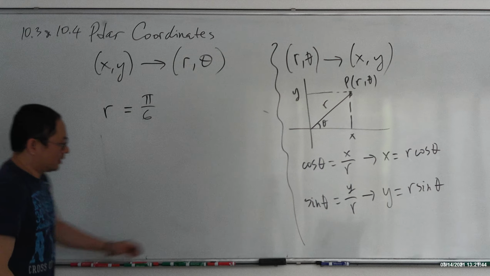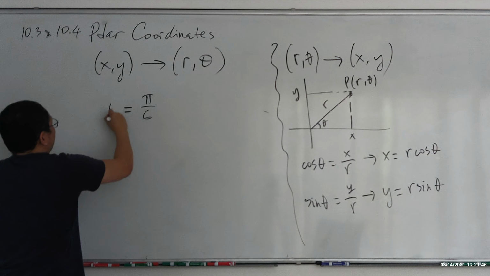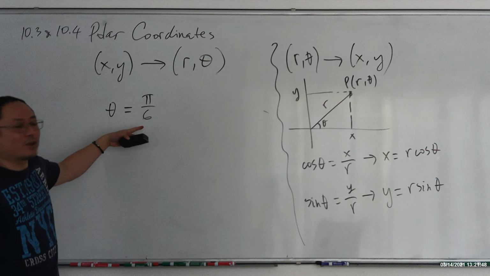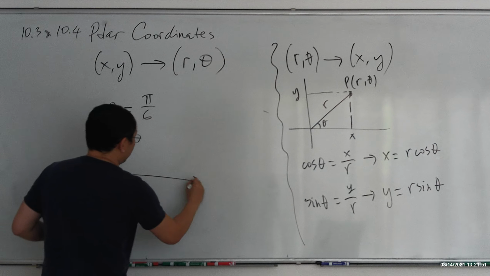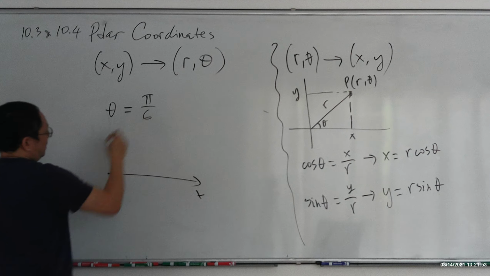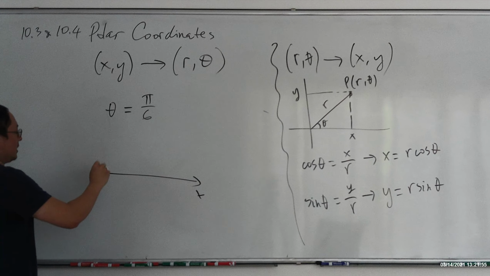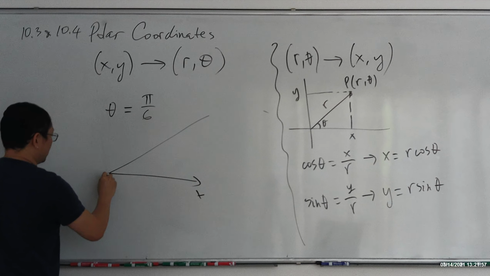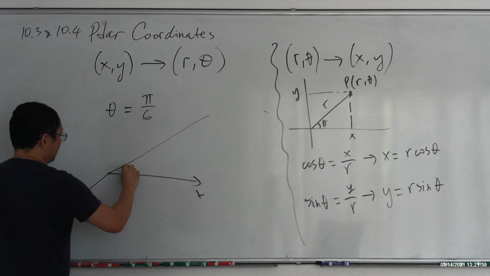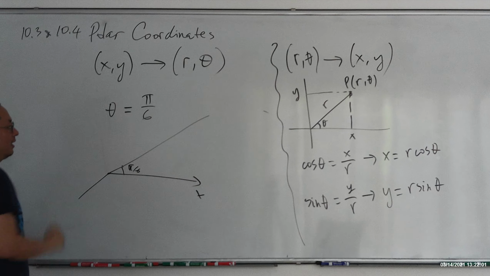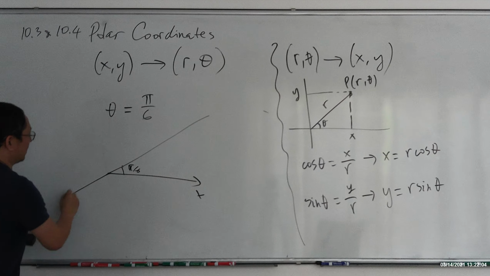Sorry, theta, the angle. Guess what? This is really a straight line. The constant is the angle, so the angle is always pi over 6. This is really an equation of a straight line in polar coordinates.